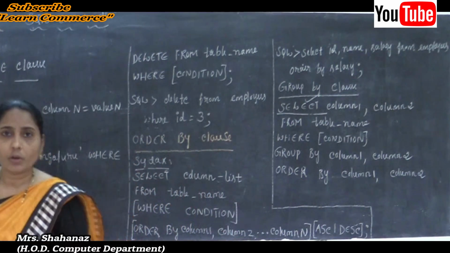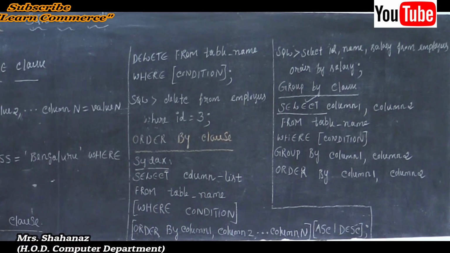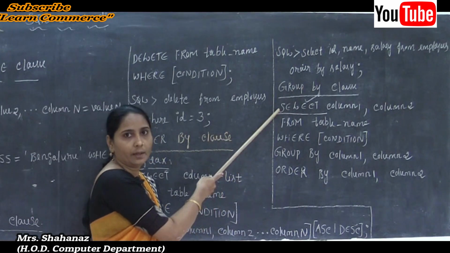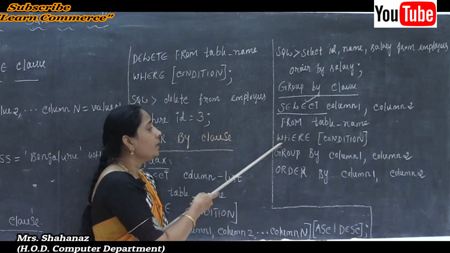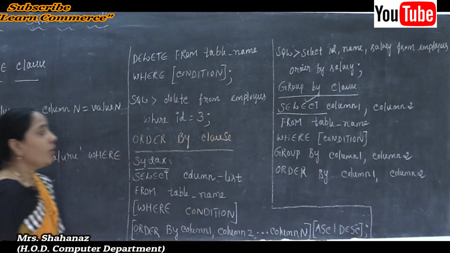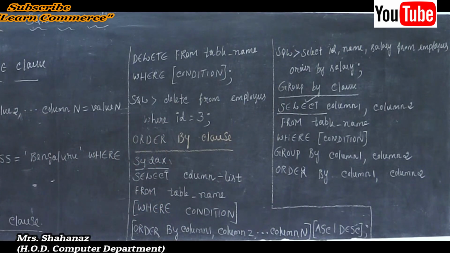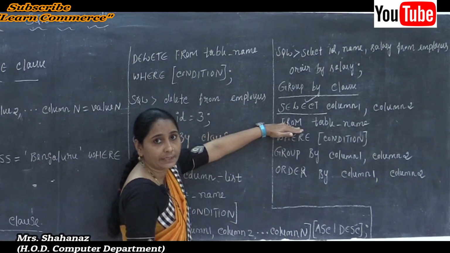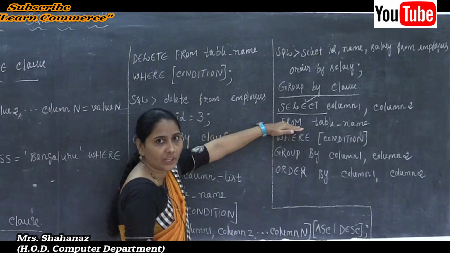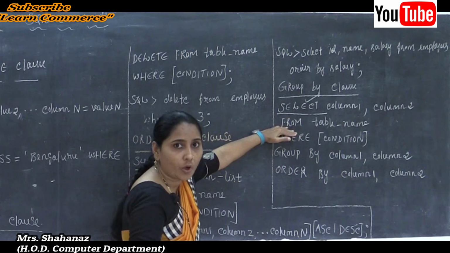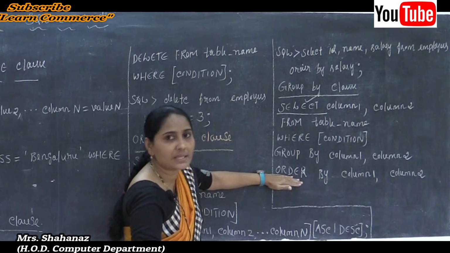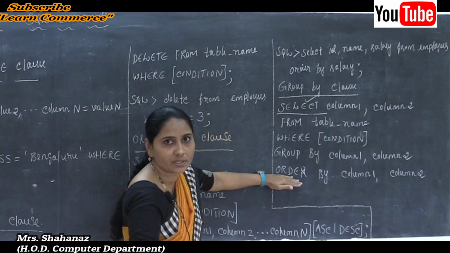I said the group by clause is used with the select statement. Correct? And the group by clause must follow the where clause. Before the group by clause, what did I write? The where condition. So the group by clause must follow the where clause and must precede the order by clause. Clear this point?